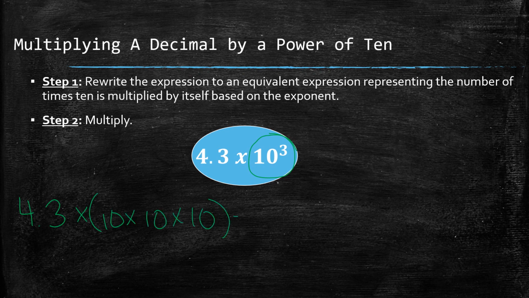Now we're just going to go ahead to step 2, which is multiplying 4 and 3/10 times 1,000, which gives us 4,300.